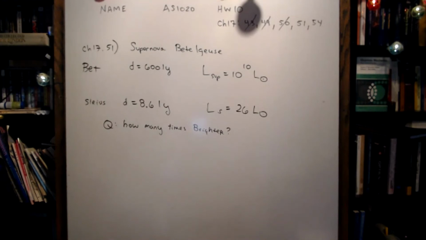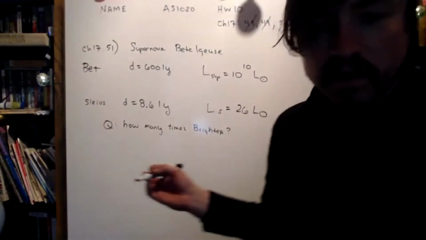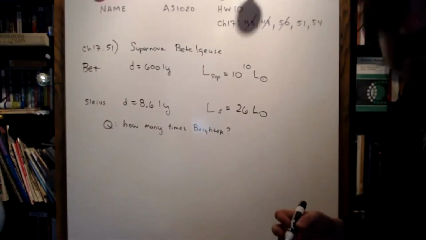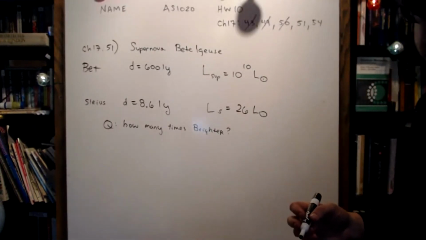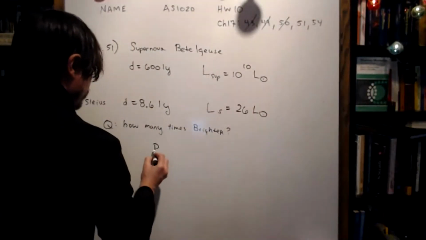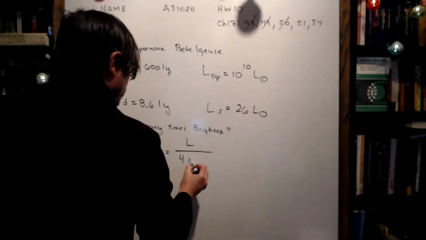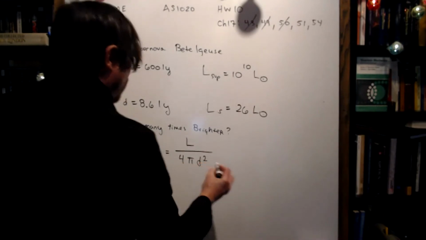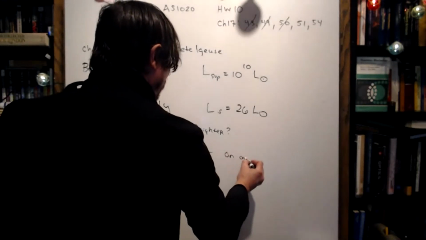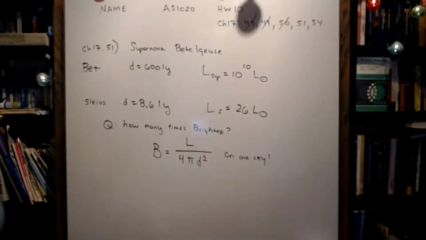We used this in our last problem. Same formula from the last problem. The inverse square law allows us to find the brightness of a star on our sky. Remember that because I'm going to ask you to do these calculations on your exam.